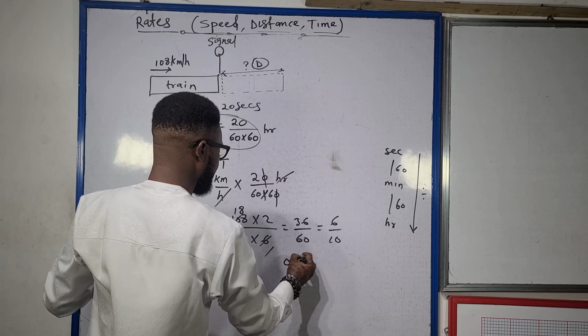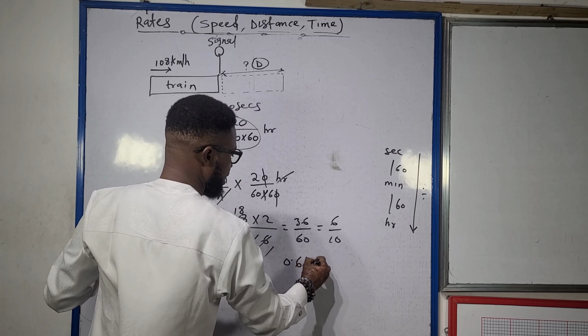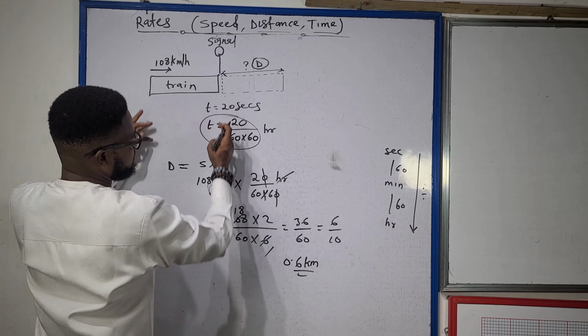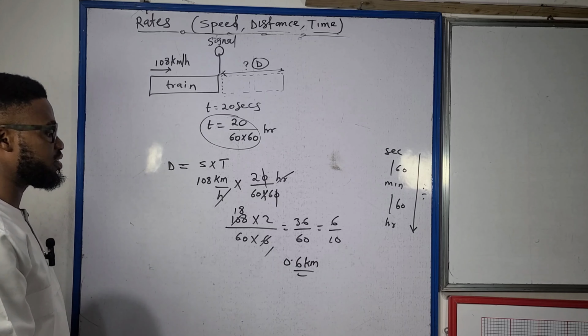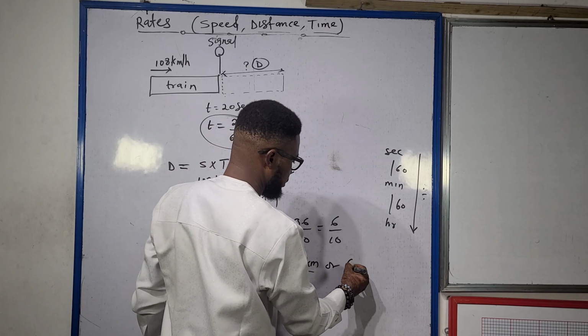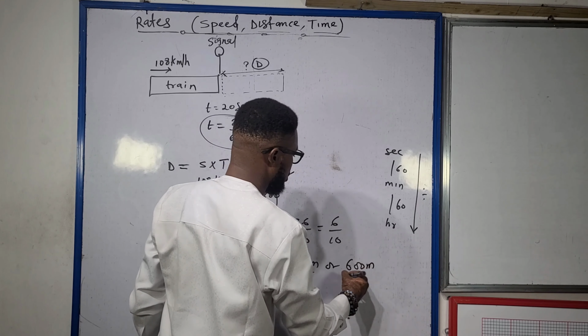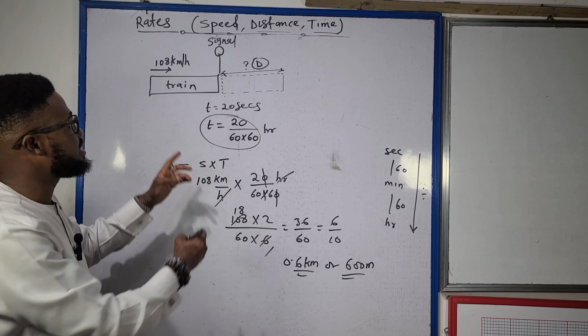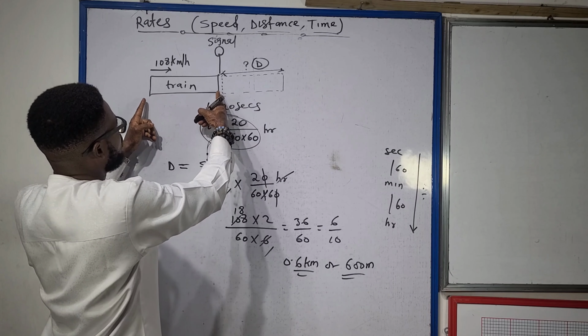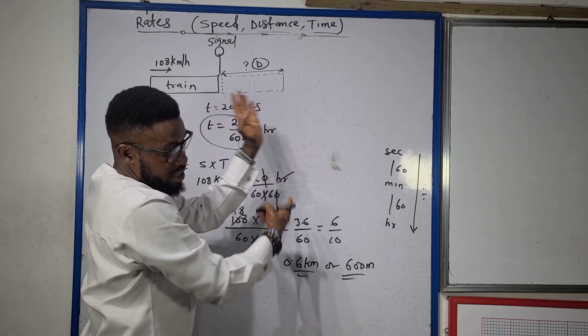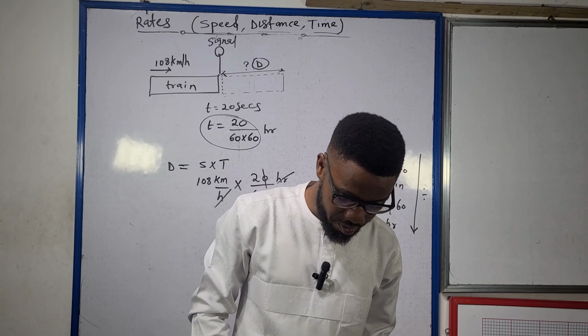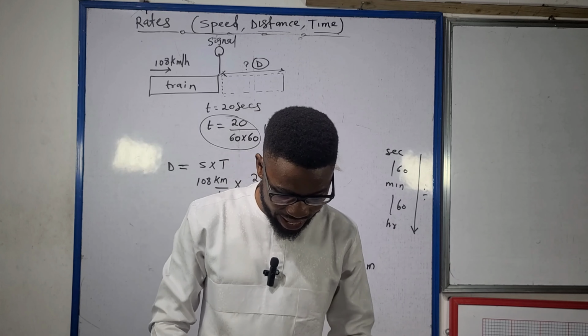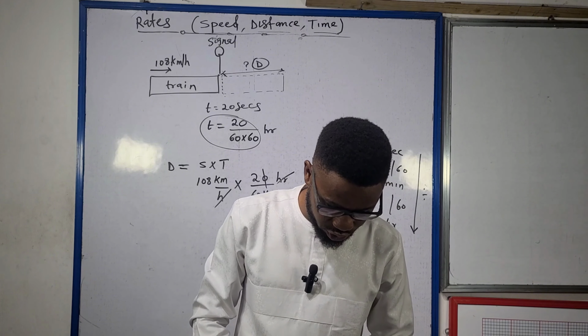So this is 0.6 kilometers. That is the length of the train, 0.6 kilometers or 600 meters if you multiply by 1000. That is the length of the train to move from here to here, so that it has moved completely past the signal. So that ends that question.